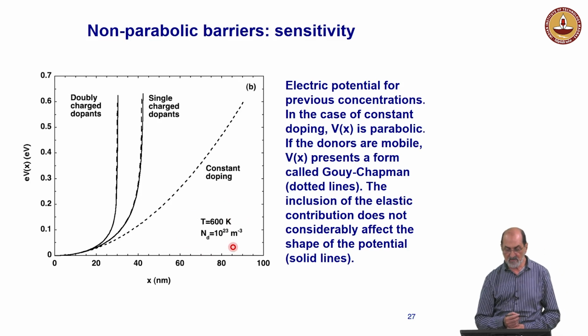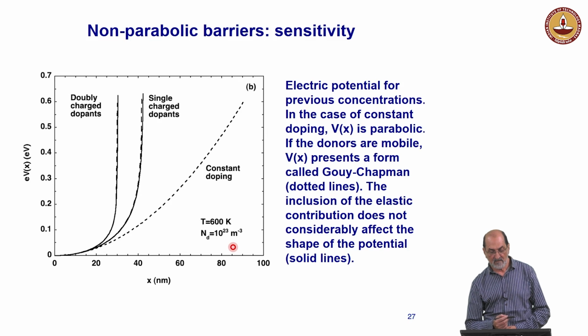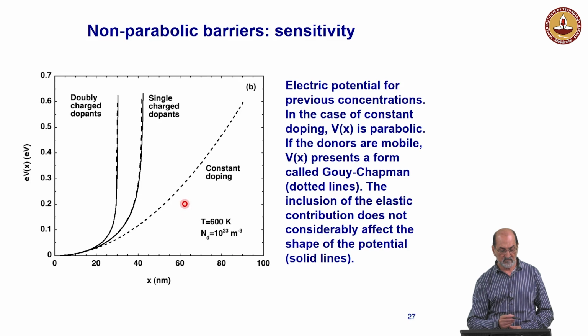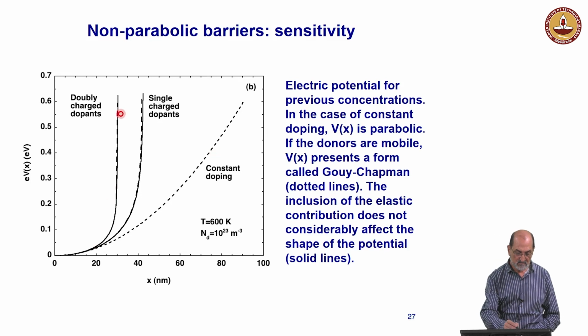So the electric potential for a constant doping increases in a very nice parabolic shape. But if donors are mobile and they can find the equilibrium, the form is called the Gouy-Chapman shape. These are the dotted lines.